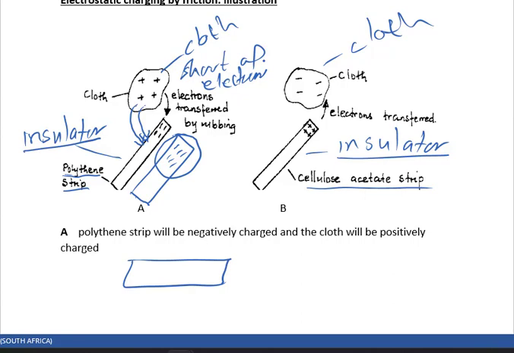So when it's short of electrons, that means there are more positive charges on the cloth. So the cloth is now positively charged, and the polythene strip is negatively charged.